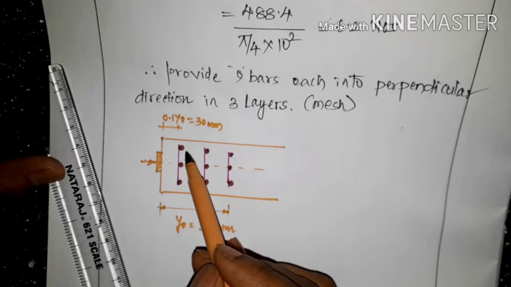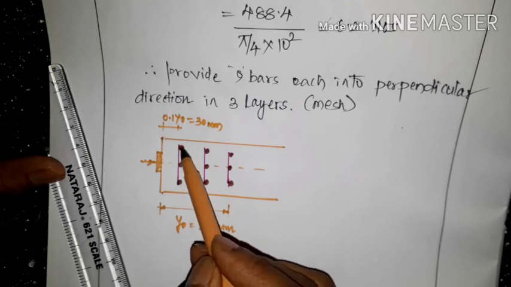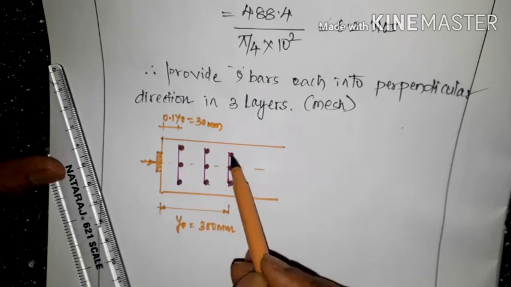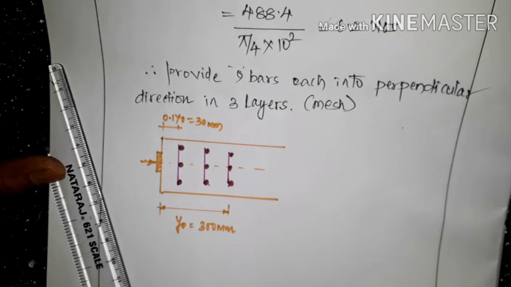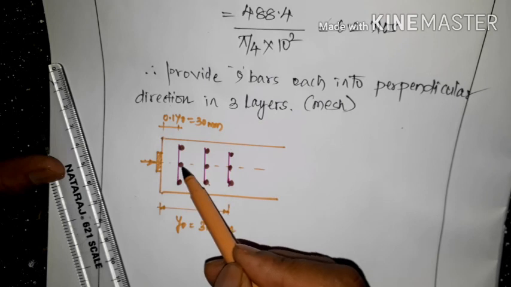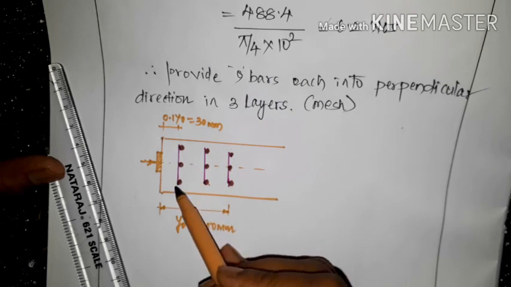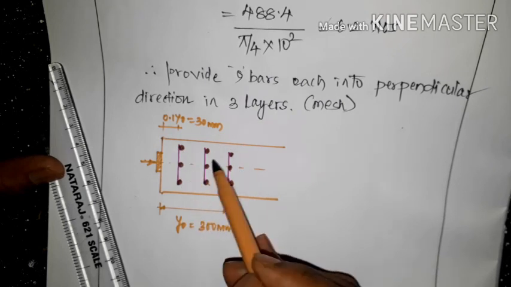So what will happen here? How are the 9 bars here? 1, 2, 3, 1, 2, 3, 1, 2, 3. So how many? 9 bars. Here verticals 1, then another 2 bars behind this bar. Behind this vertical bar there are another 2 bars. So 3, 3, 3.